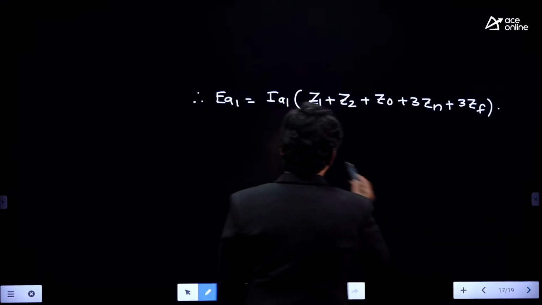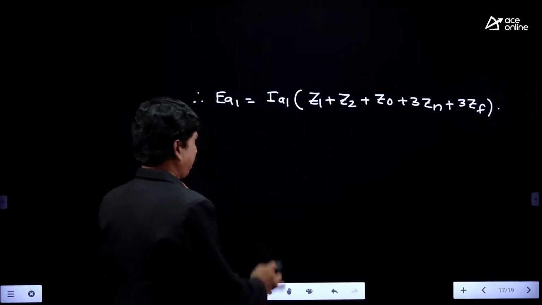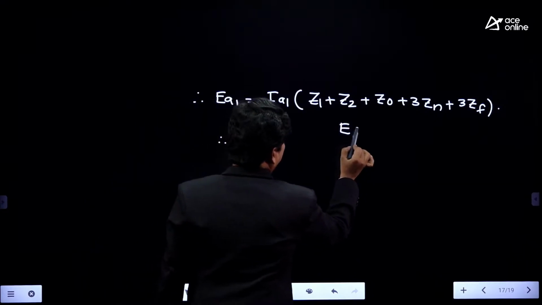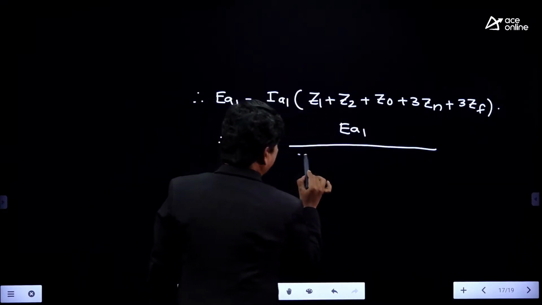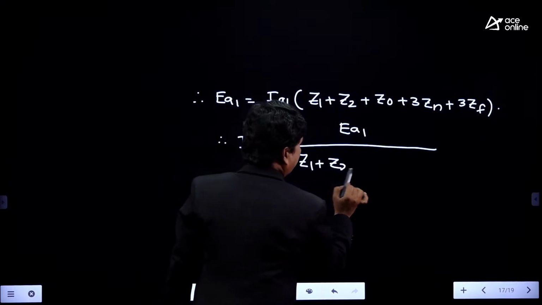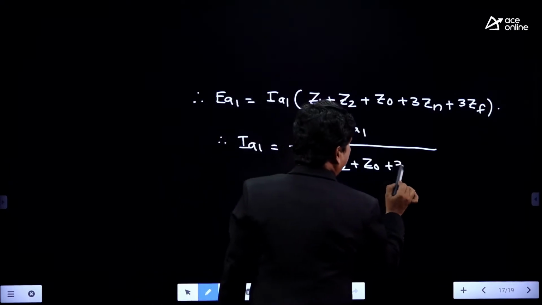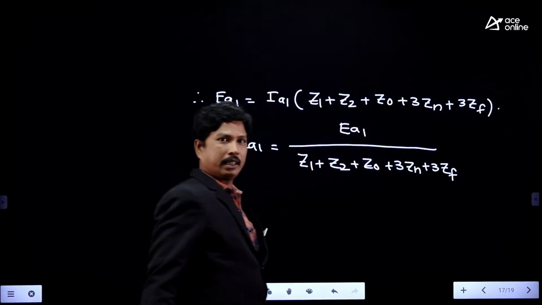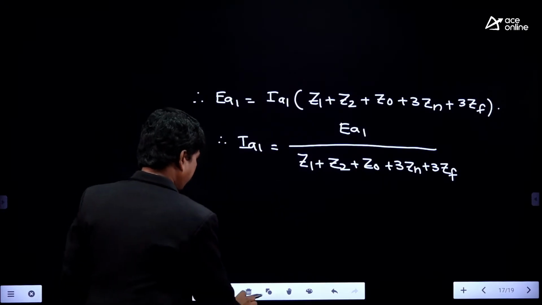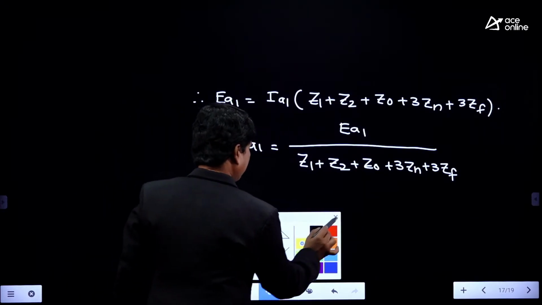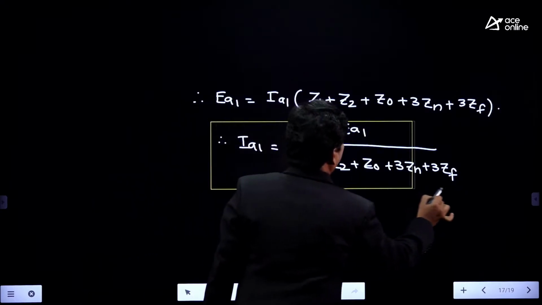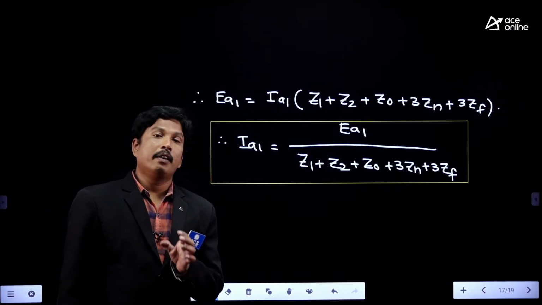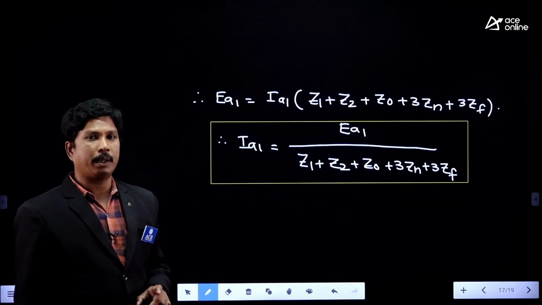Therefore, from this equation, IA1 is equal to EA1 divided by Z1 plus Z2 plus Z0 plus 3Zn plus 3ZF. Very simple. Therefore, this is the positive sequence current of phase A with fault impedance ZF. Clear?